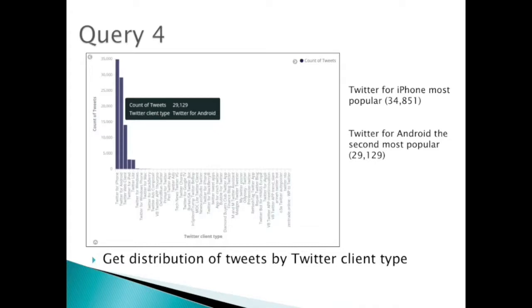And so we did query number 4 to get a distribution of tweets by Twitter client type. And this was visualized with a histogram. You can see the Twitter for iPhone is the most popular, with 34,851 of the 100,000 tweets being made on that device. Twitter for Android was the second most popular, 29,129, and then far behind that was the Twitter web client.